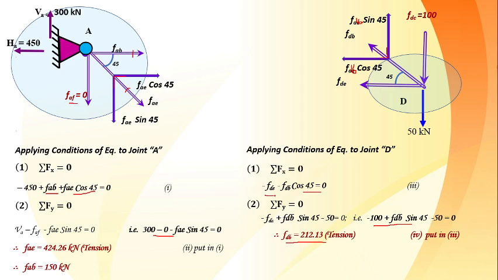There you will get FDE. Substituting it, you get FDE is equal to minus 150. Is it okay? So FDE is coming out negative. It is not in this direction, it is in this direction. This corrected direction I have shown here.